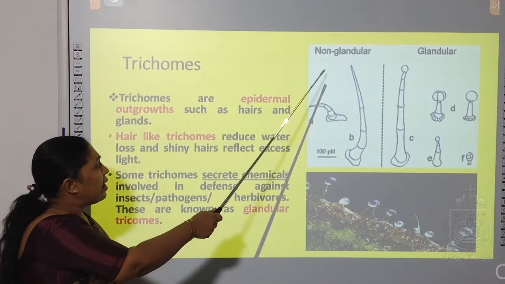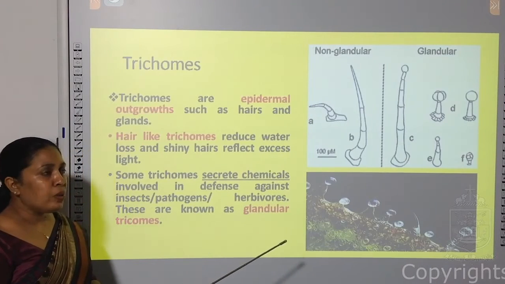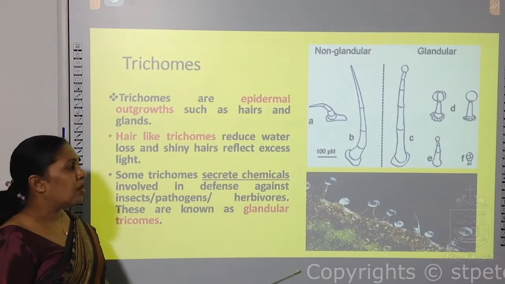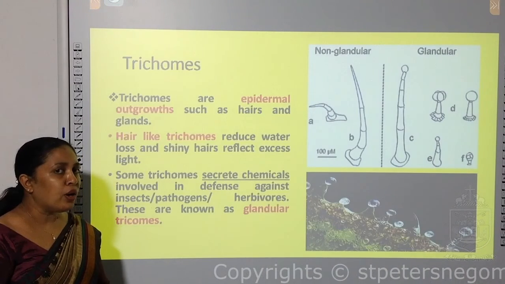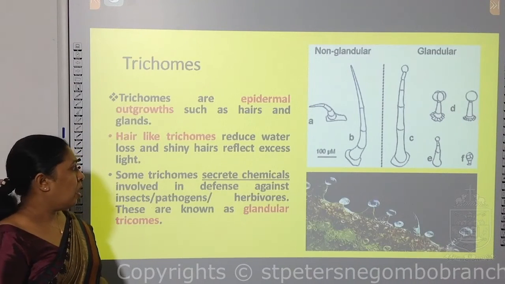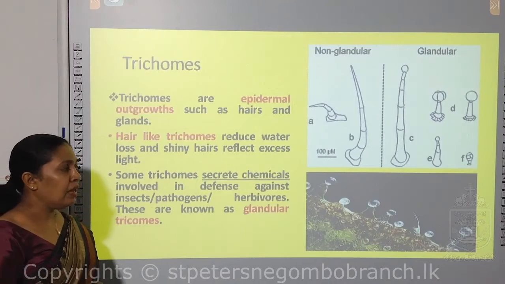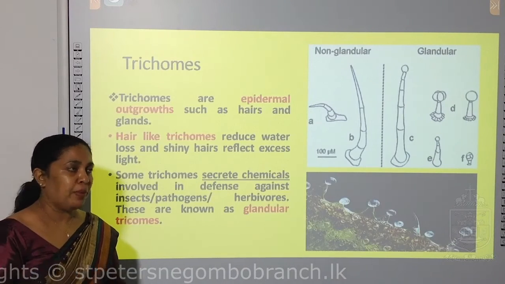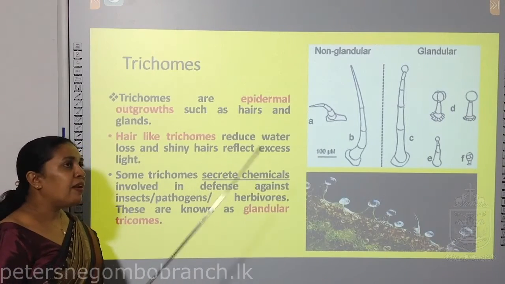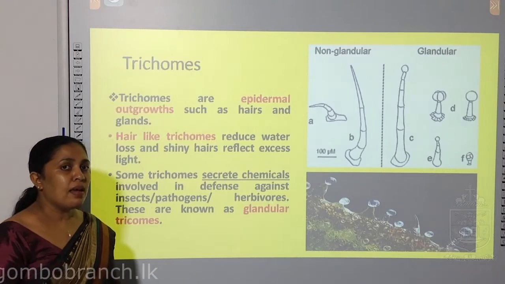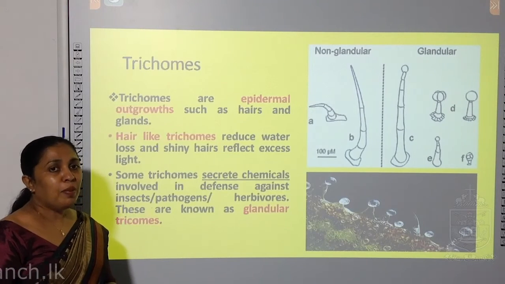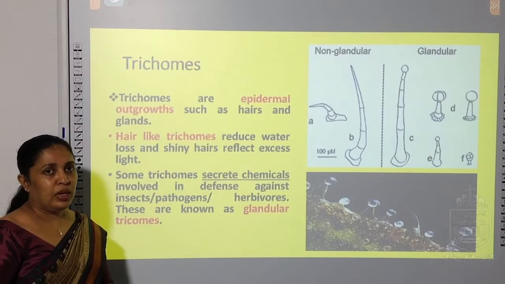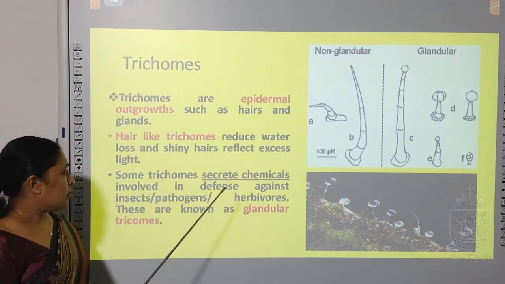These non-glandular trichomes are also known as hair-like trichomes, and they reduce the water loss of the plant. And also, shiny hairs exist in some plants. They reflect the excess sunlight when the plants are usually doing photosynthesis.